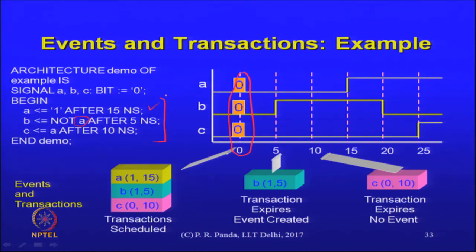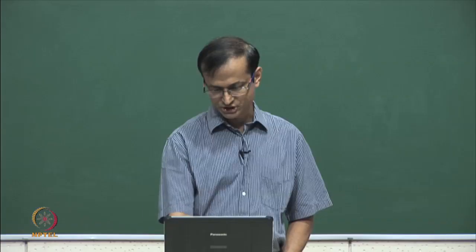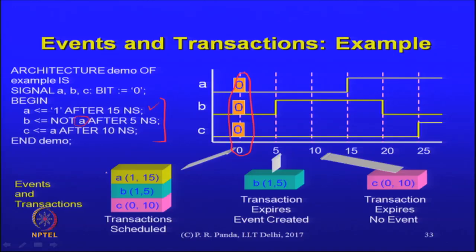Executed is interpreted as what actually happens when we say signal assignment is triggered. Here is what happens: transactions are scheduled in the simulator for all the 3 signals A, B, C. This notation here is just saying that a value of 1 is scheduled for a time 15 nanoseconds from wherever we are now. Okay.